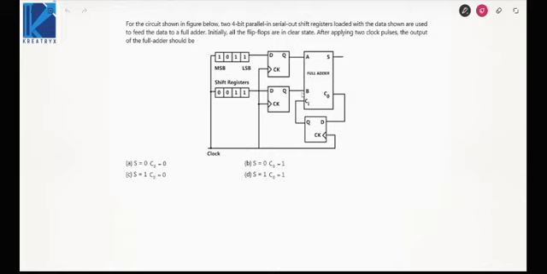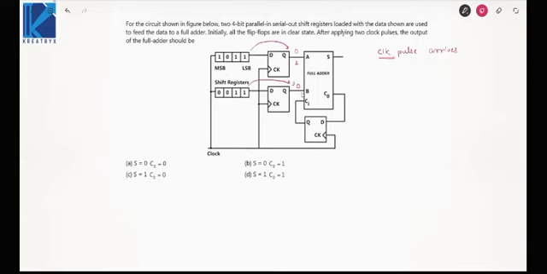Now, initially all the flip-flops are in clear state. It is 0, 0. Now, when the clock pulse arrives, the data at the input of the flip-flop goes to the output. That is, both become 1, 1.